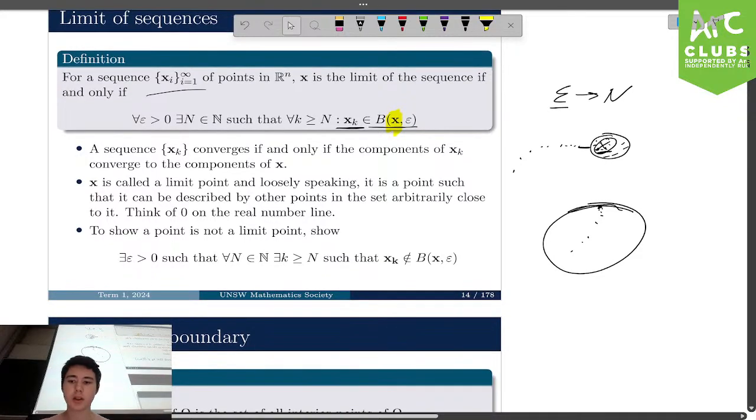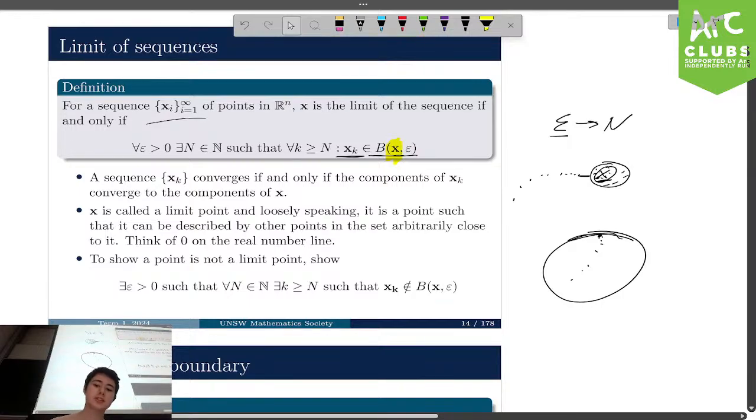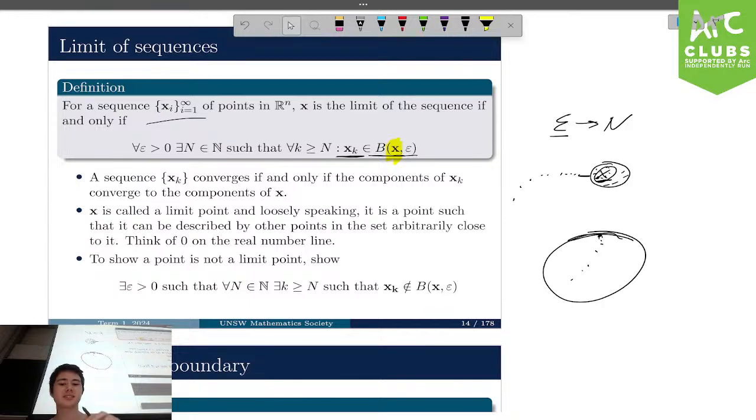Okay. To show that something is not a limit point, we want to disprove this statement. So that's determining that there exists some size ball for which there's nothing further in the sequence that lies inside it. So that's saying that if we want to prove that this is not a limit point, then there's no sequence of numbers that remain inside this ball, okay?